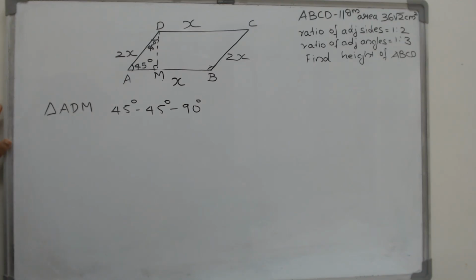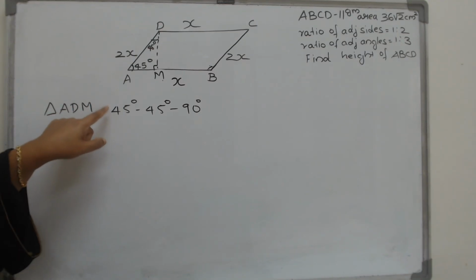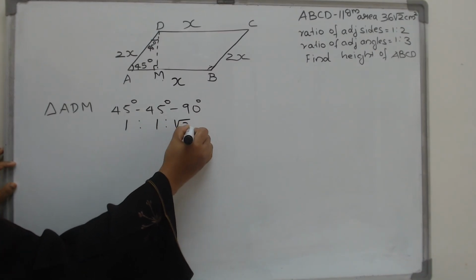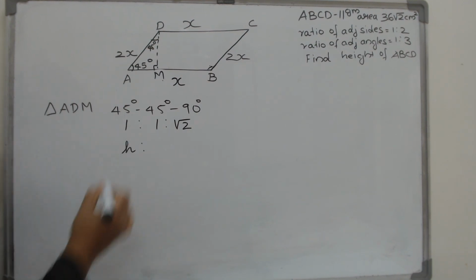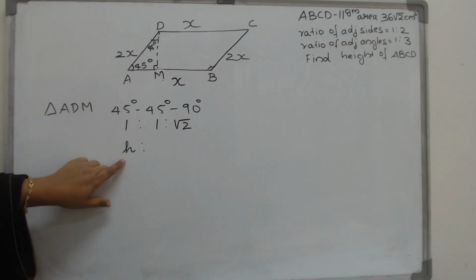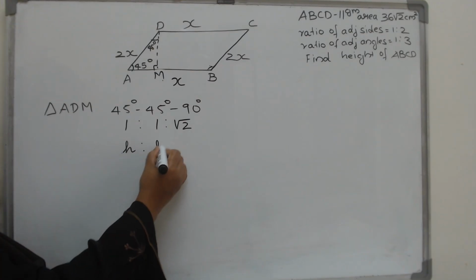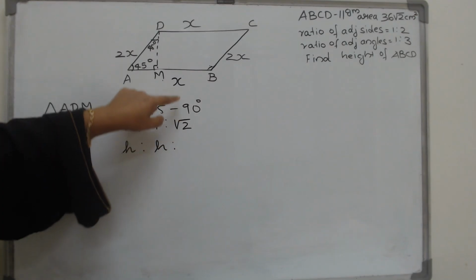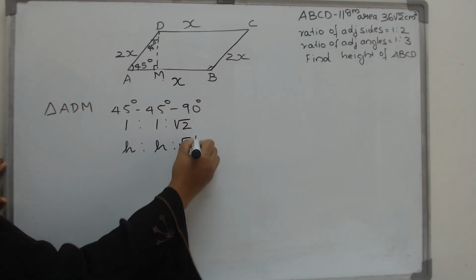What do we know about it? The sides opposite to these angles will be in the ratio 1:1:√2. In other words, for any constant h, if the side opposite to 45 degrees is h, then the side opposite to the other 45 degrees will also be h, and the largest side, opposite the largest angle, will be √2h.